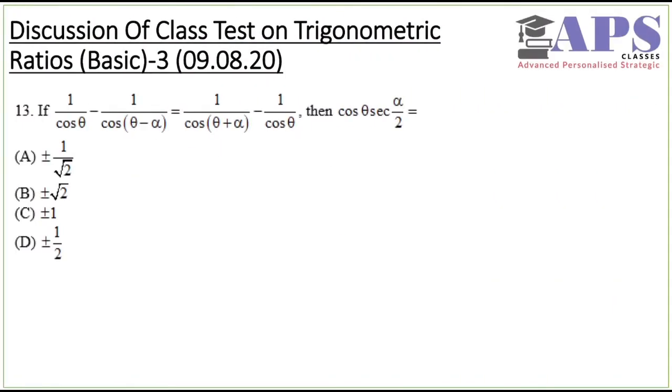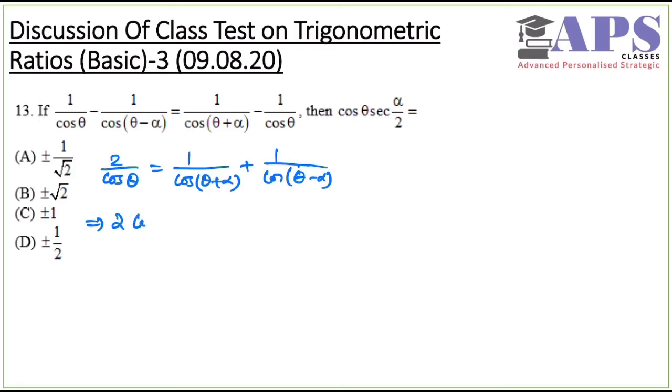So here in question number 13, if we take both the cos theta on the same side, we will get 2 by cos theta, and right side we will have 1 by cos of theta plus alpha plus 1 by cos of theta minus alpha. So now we have to do some algebra here, taking LCM and all. So I will have 2 into cos of theta plus alpha into cos of theta minus alpha.